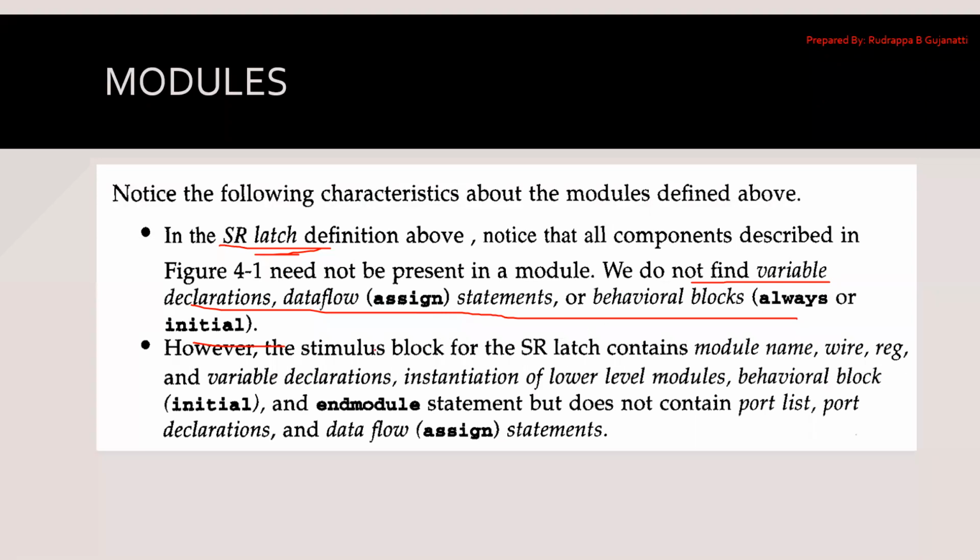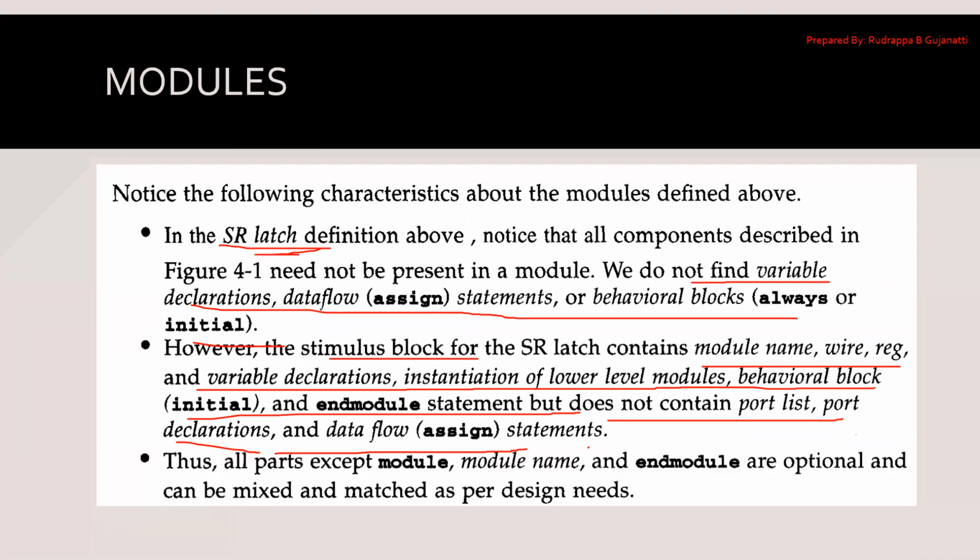Next, in the stimulus block, we do not have a few things like the port list and port declarations. But we have the module name, wire, and variable, all declared over there. Data flow is also not present. These are just a few observations you can make from the previous examples.